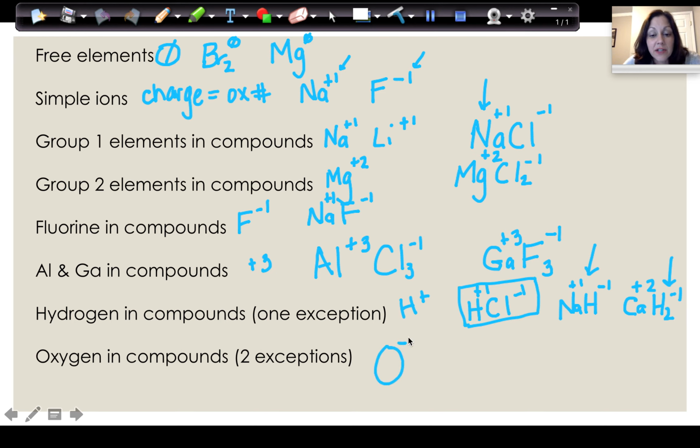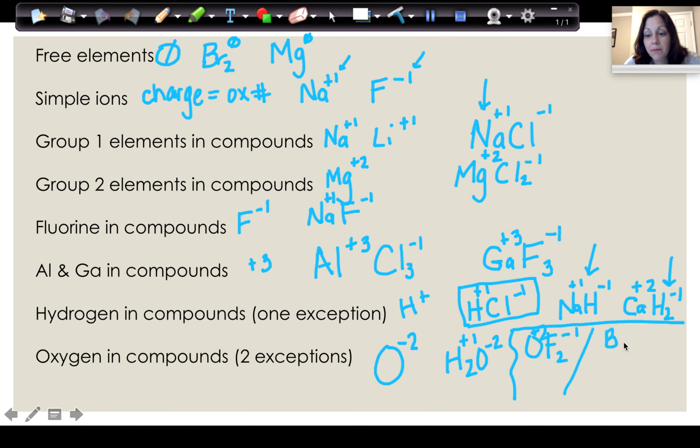Oxygen is usually -2 in compounds. For example, in H2O, hydrogen is +1 and oxygen is -2. And these are oxygen's exceptions. In OF2, oxygen is +2.